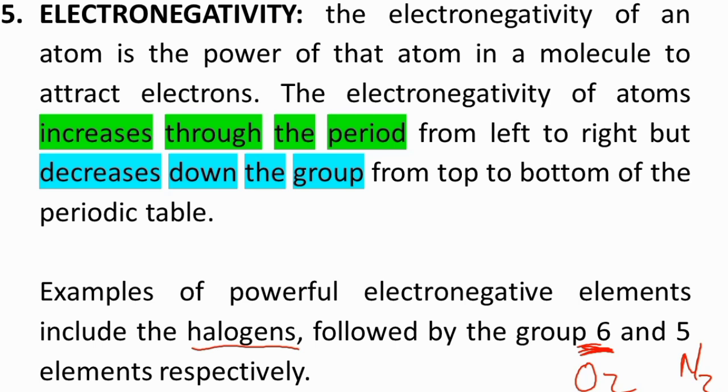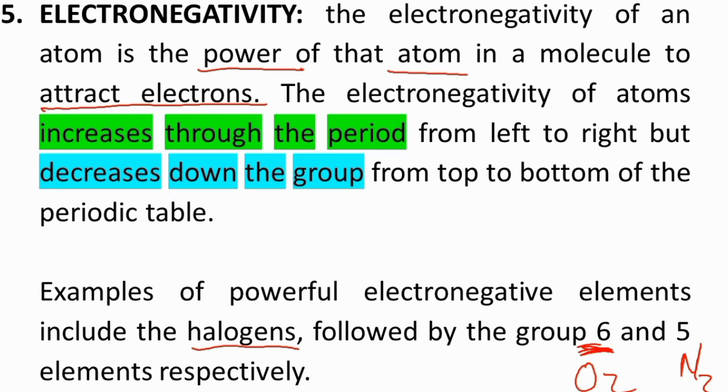So what's electronegativity? Electronegativity is nothing but the electron combining power of an atom, or the power of an atom to attract electrons to itself.